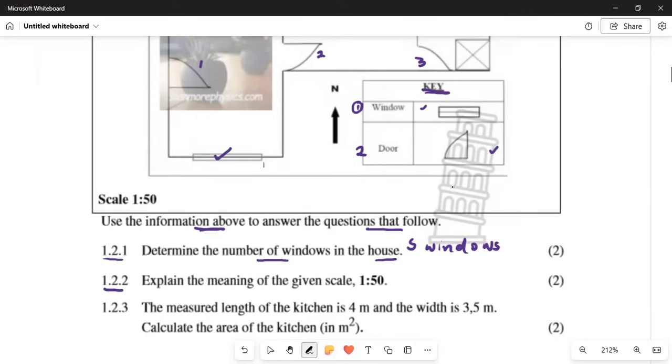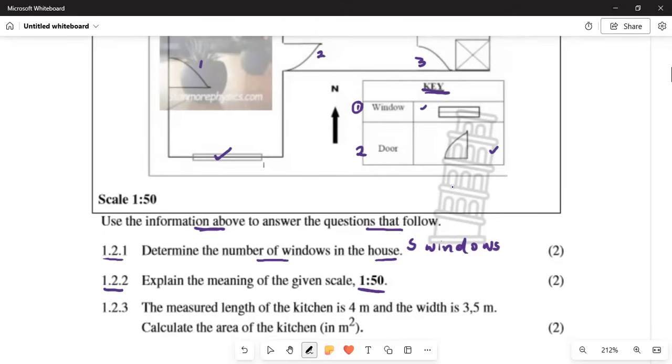All right. Then moving on, we have 1.2.2. They say explain the meaning of 1 to 50 as a scale. A scale is a ratio.